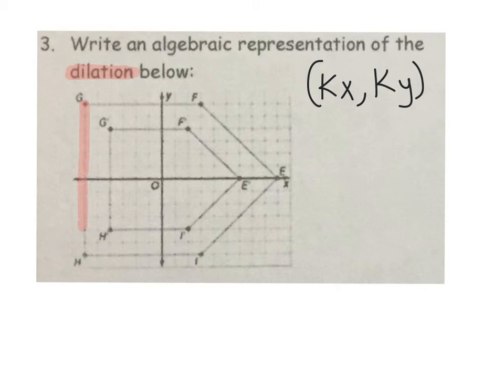This is the original. Going from here to what's in green, which is there. Just find out what it's getting smaller by, because obviously it's getting smaller, to find your scale factor.